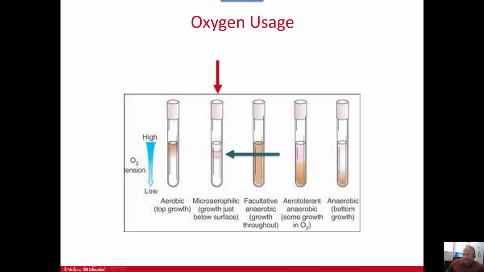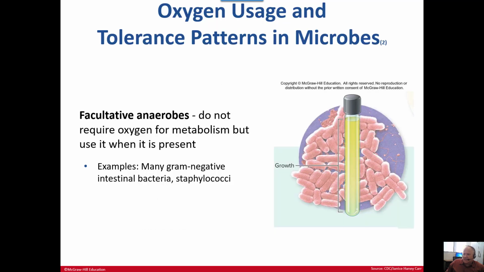Let's go and look down from the surface. It grows very readily there, and it chooses, of course, the oxygen tension it can handle, and that's where we see the growth of that organism. And of course, that's due to the slightly lower tension of the oxygen as gases permeate into the tube.